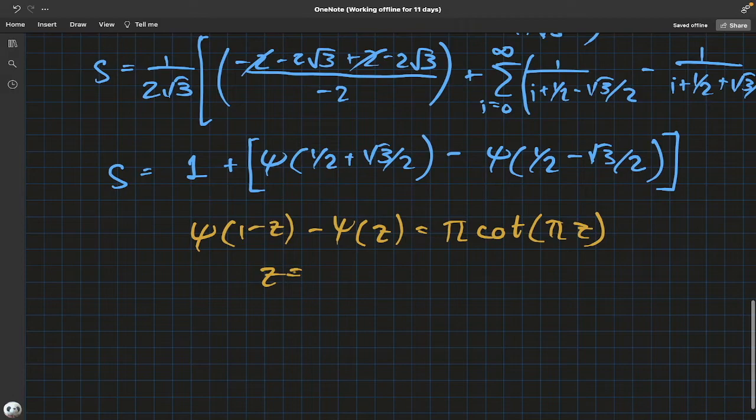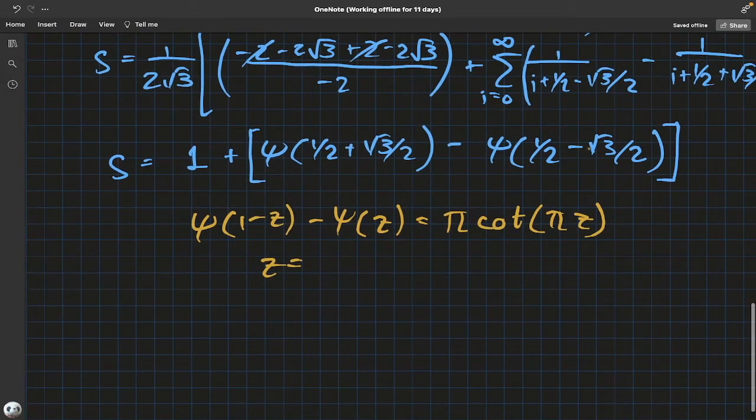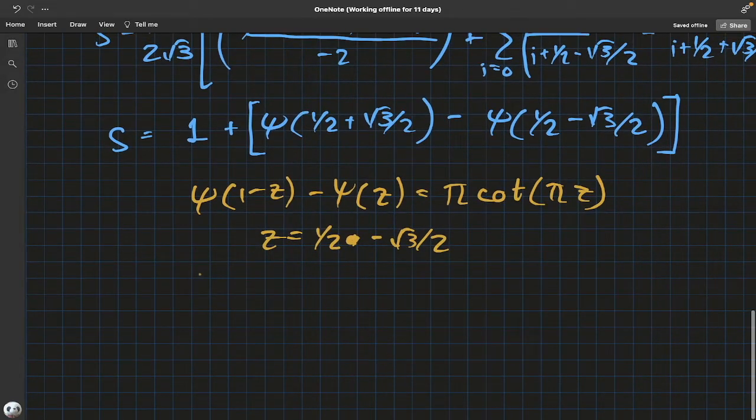So if you want to have this form, we need to have z equal to the second parameter, which means we need a negative root 3 by 2. Because if you work this out, 1 minus 1 half is 1 half, minus minus plus, and we indeed get this first term.